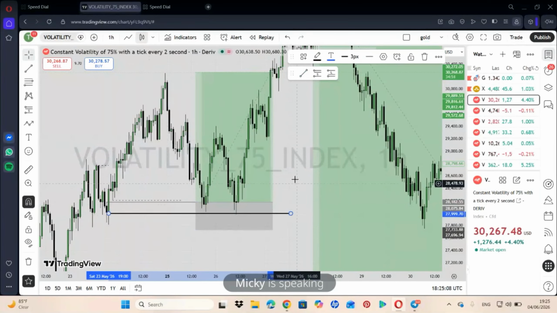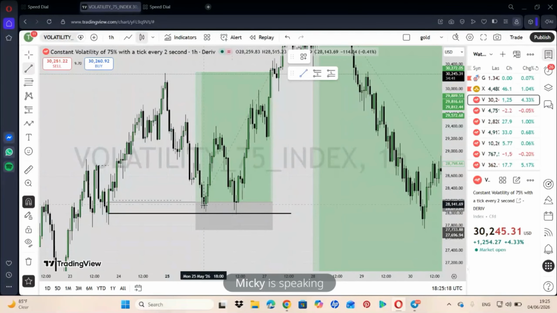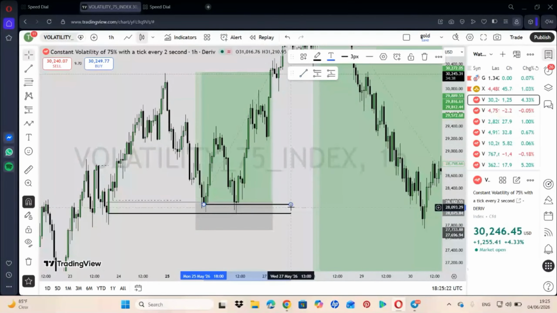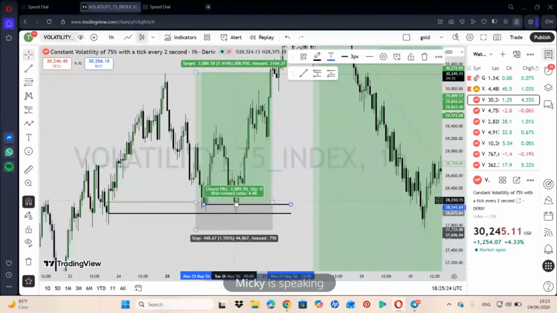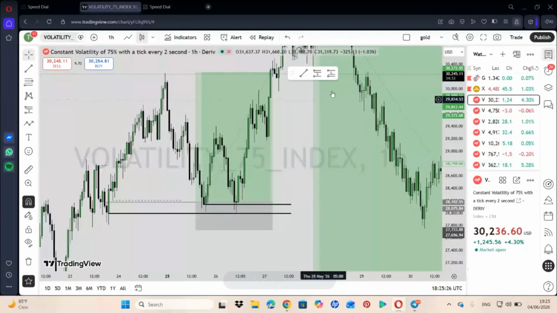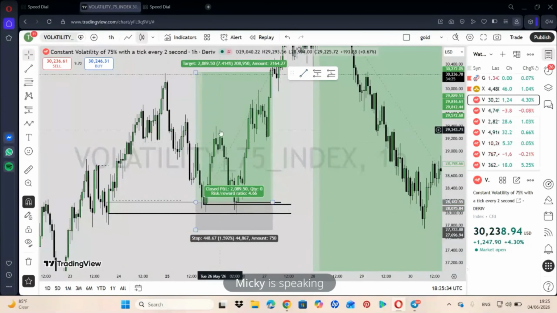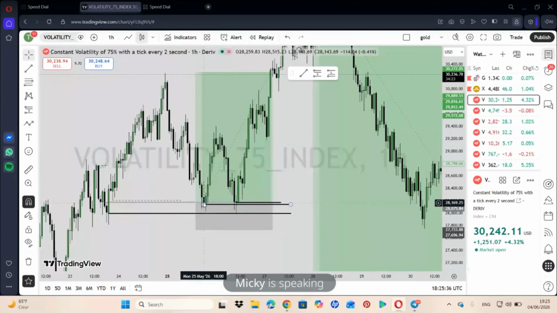This is the first low. Price did not take it out. This is the second low. Price tried coming back but did not take it out. This is the third low. If price came back and took out this low, I would probably not have taken this trade anymore.